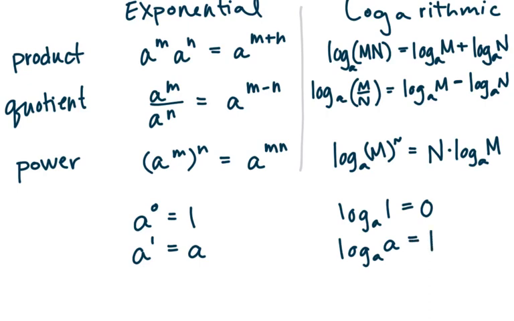Two more exponential rules that we've already been using a lot, but I'll include them. If we have a negative power, that is the same as the reciprocal, putting it on the other side of the fraction and making it positive. And also if we have a rational power 1 over n, that would be the same as the nth root of a. All right, so properties of logs, properties of exponentials.